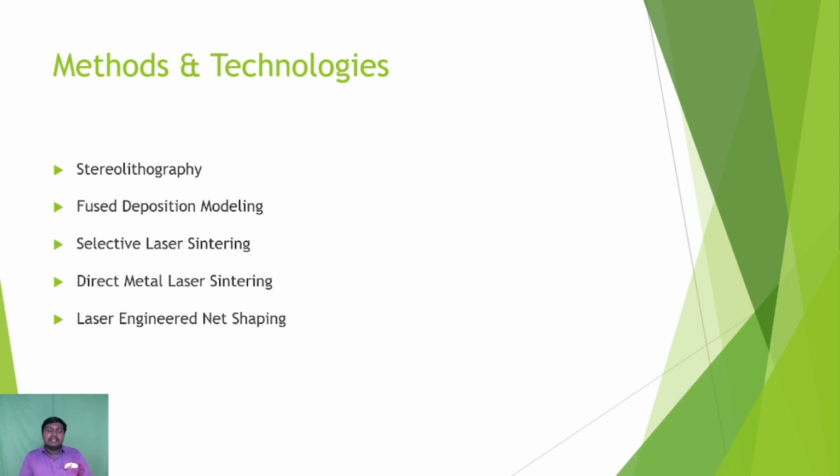These are all the methodologies and technologies available in 3D printing. Stereolithography is a liquid based methodology, and fused deposition modeling, selective laser sintering, direct metal laser sintering, and laser engineered net shaping are explained in the next slides.